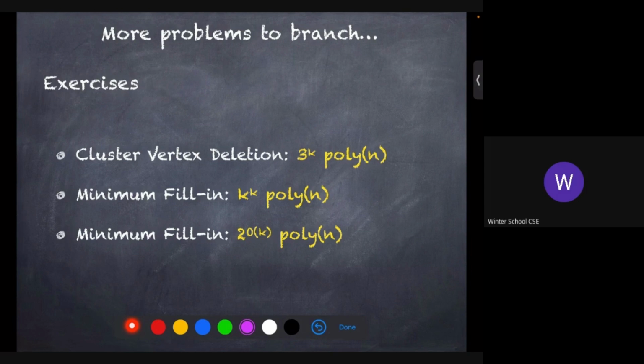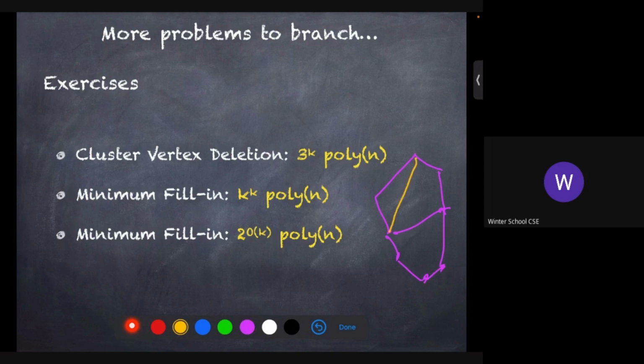The other question is more interesting. I have a minimum fill-in problem. What is a minimum fill-in problem? I have a graph, and I ask for a fill-in of this graph.